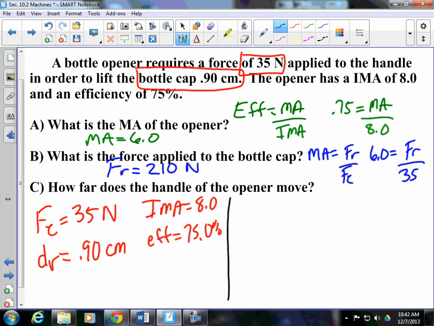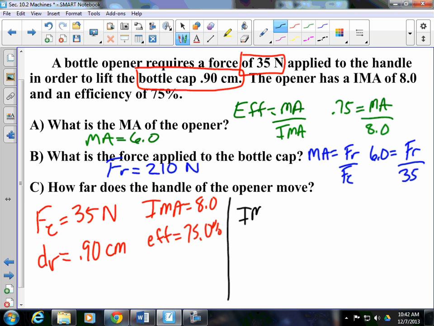Lastly, part C asks how far the handle of the opener moves. Remember, we've been talking about how the handle is moving the bottle cap. So your effort is moving the handle, and we are trying to figure out the distance of effort. Can we do that? Most certainly.